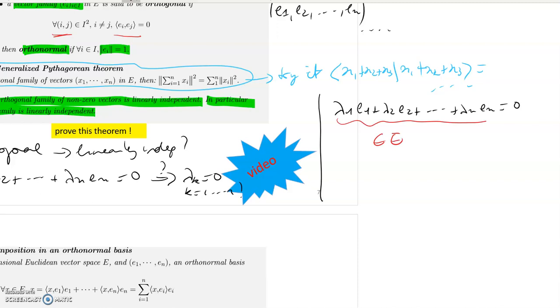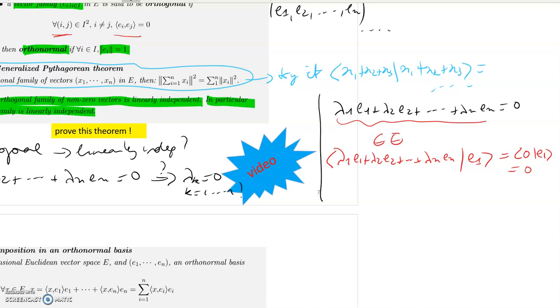So I'm going to take the product of this expression, lambda 1 e1 plus lambda 2 e2 plus lambda n en, with e1. On the other side, that should be equal to 0 product with e1, so that's going to be 0.